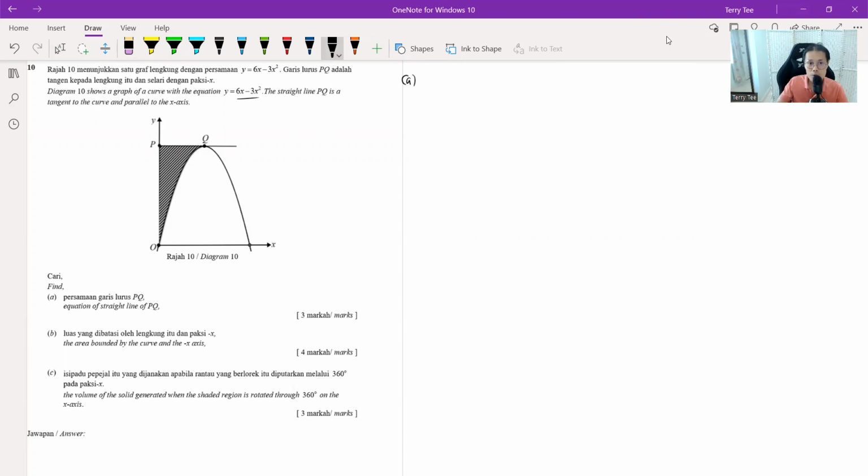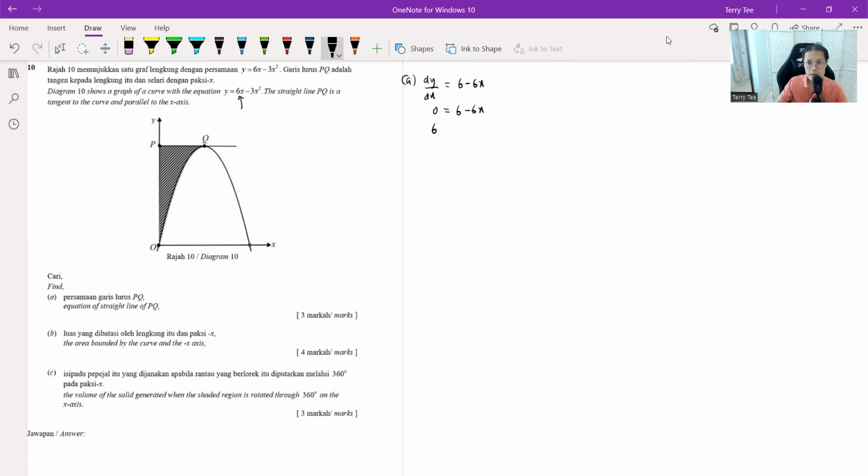We just differentiate. We know at the turning point, in this case the maximum point, when you differentiate you get 6 minus 6x. Differentiate 6x, you get 6. Differentiate 3x squared, the 2 goes down, 2 times 3 is 6, reduce the power by 1, 6x. Now at the turning point, dy/dx is 0.